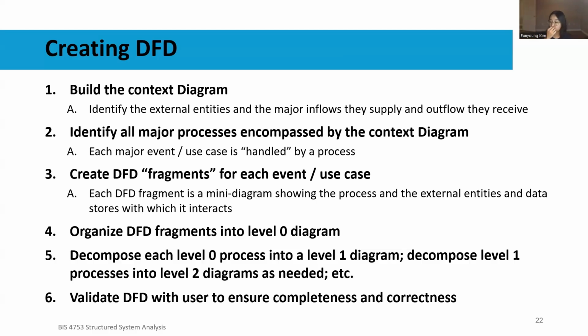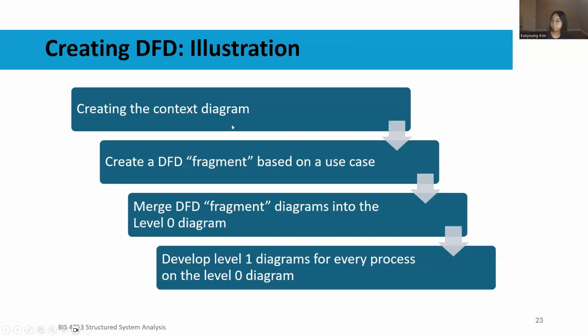After that, we will validate the DFD with users because you can miss some of the important actions to complete these processes. So we will work through with the users to verify whether there are any missing processes in the DFD. So basically, you will create the context diagram, then the major processes and their child diagrams, which break down the major activity into the sub-processes.